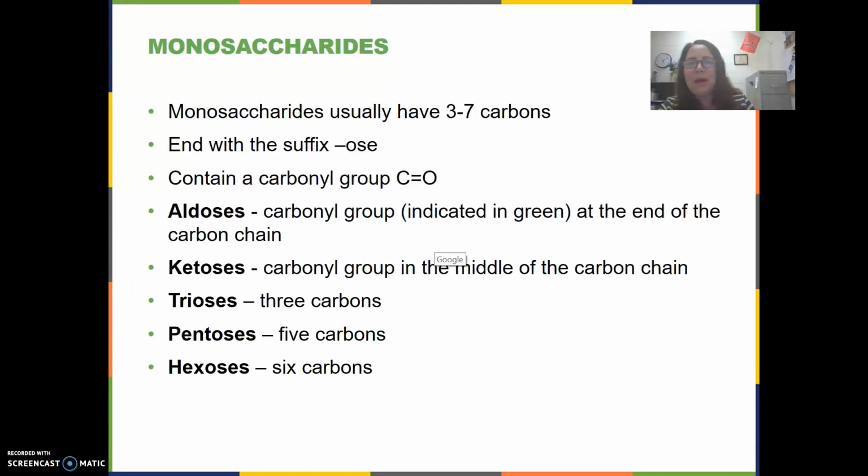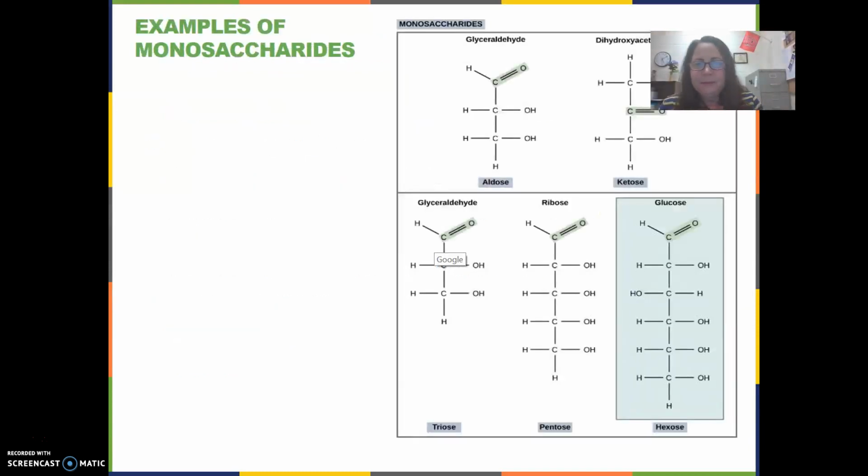Some examples of monosaccharides are aldoses and ketoses, but that may not mean anything to you. So let me give you some names. Glyceraldehyde, ribose, glucose, probably the only one you've more than likely heard of is glucose.